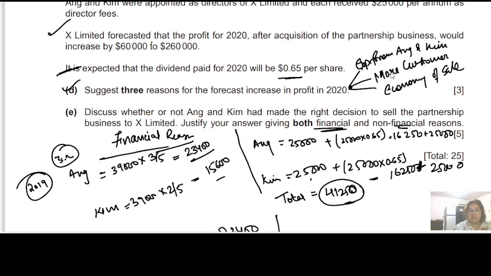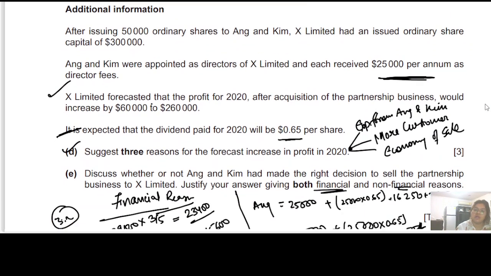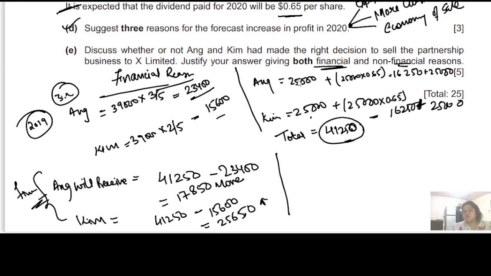Now look, here it is given that 25,000 per annum they provide you as director fees. And as I told you earlier, 50,000 is the ordinary shares, which we divide equally, 25,000 each, into the dividend rate given in the question, 0.65.